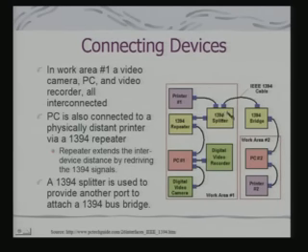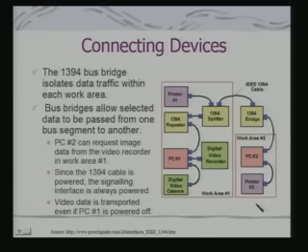A splitter is used to provide another port to attach a 1394 bus bridge. So, you have this bus bridge by which you can connect other devices. This is another PC, another printer. This bus bridge, just like any other bridge in a network, isolates data traffic within each work area.